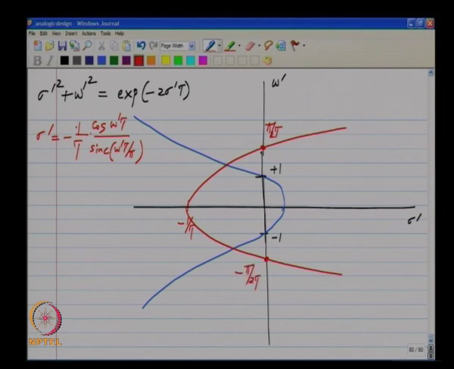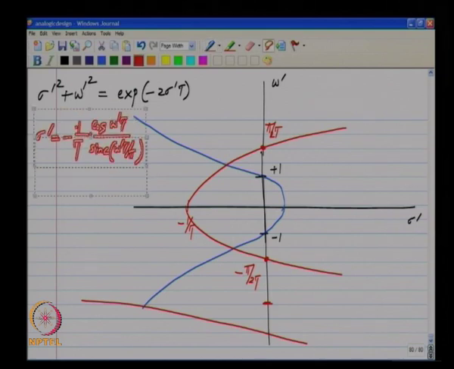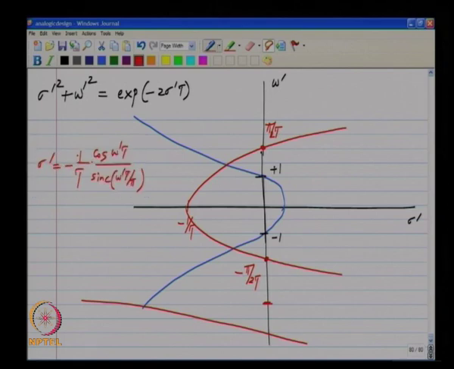And then there are a number of other segments because of the discontinuity, something like this. Okay. There are a number of other segments like that. So, there are an infinite number of segments and therefore, an infinite number of intersection points.